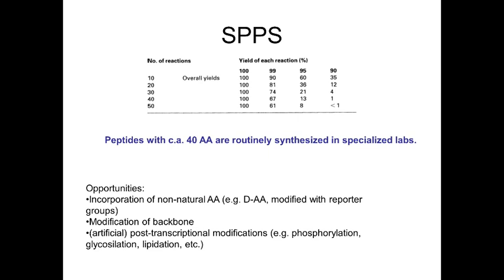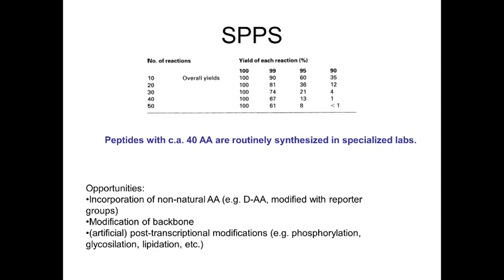Solid phase synthesis, compared to using nature, or biological processes, to produce peptides, offers great opportunities. You can, for example, incorporate non-natural amino acids. You can incorporate not L but D amino acids.